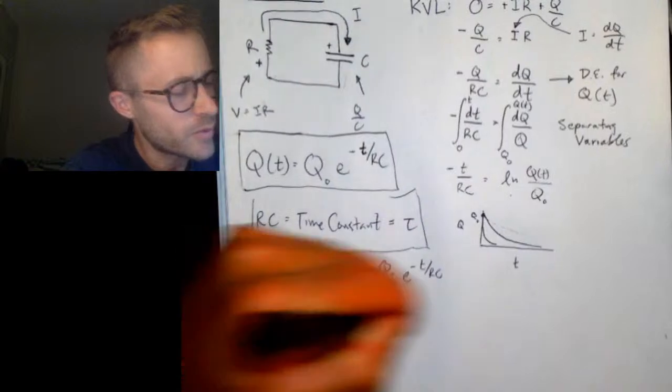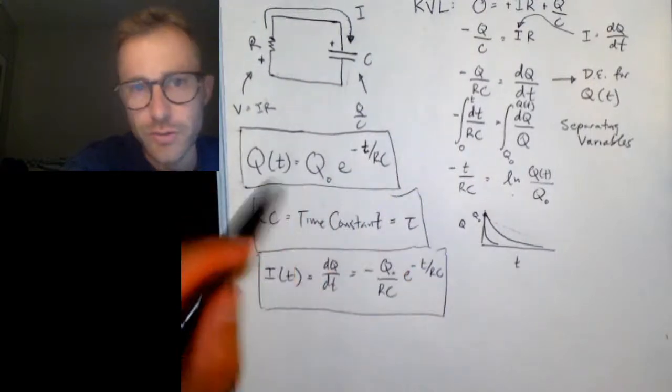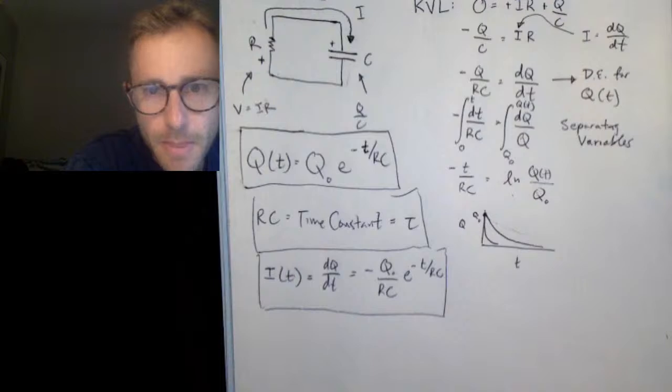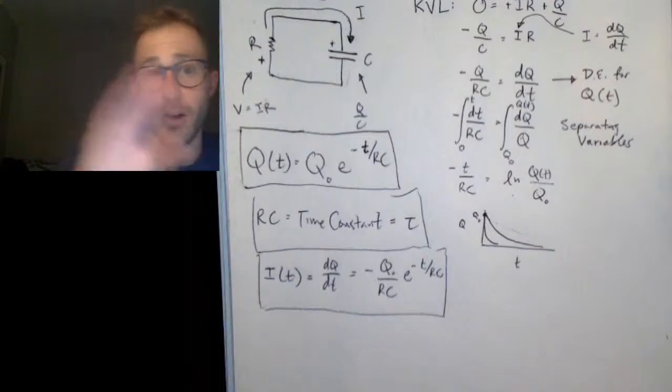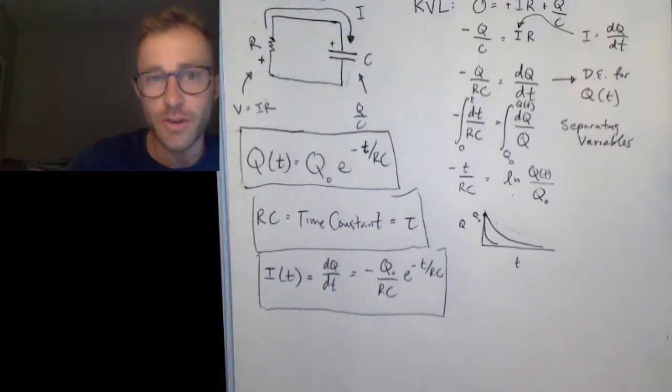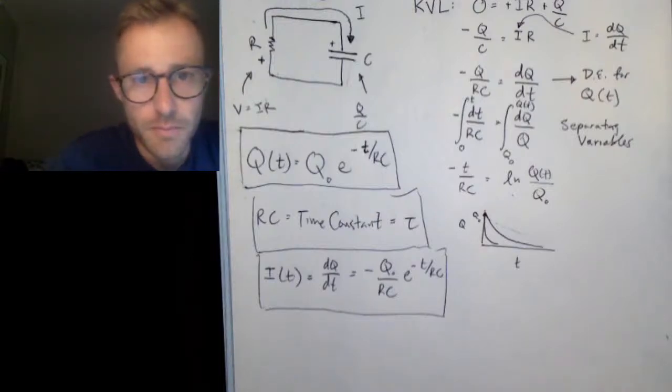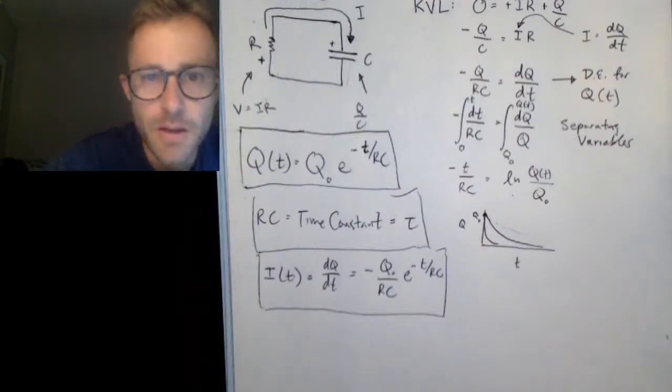Can't remember if I said it, but q naught is the initial charge on the capacitor plate. And we're going to talk later on in the lesson about how you figure out what the initial charge on the capacitor plate is.